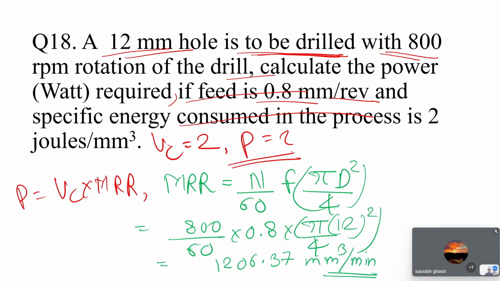This is per minute. You have to convert it because you want the answer in watt. What is watt? Watt is joules per second. So this per minute you have to convert into seconds. We just divide by 60.